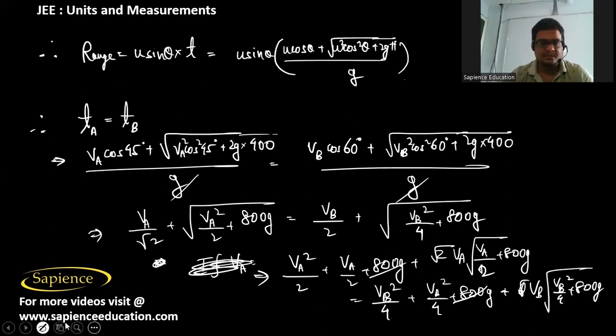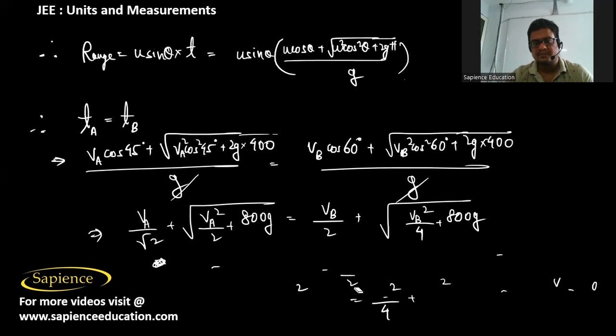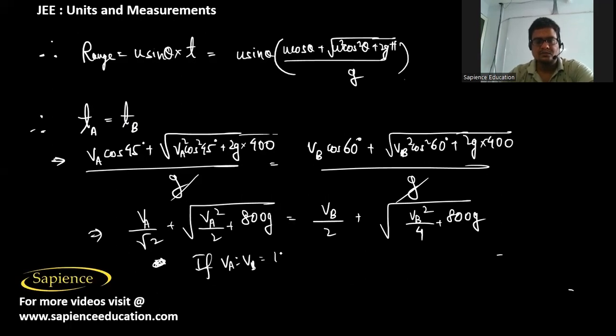Here actually we can put in the values of the options, then we can check. In the first option, if VA is to VB is 1 is to 2, let's say we take VA as V and VB as 2V.